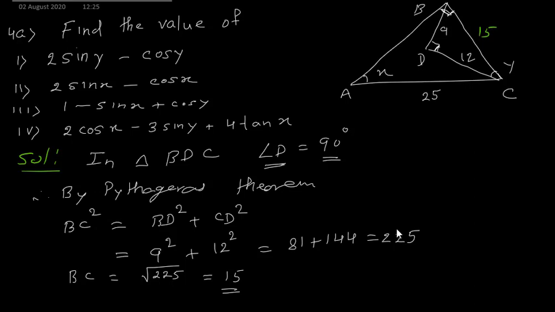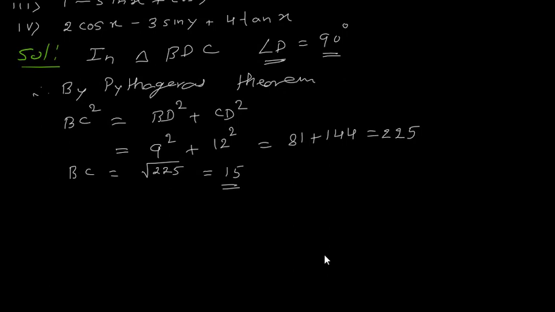Now I will consider triangle ABC. So in triangle ABC it is right angle at B. So I will say that in triangle ABC angle B is 90 degree.